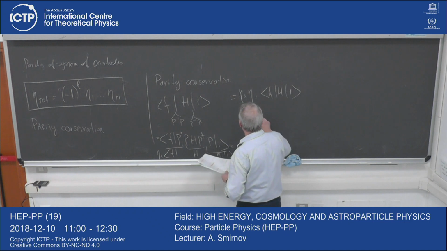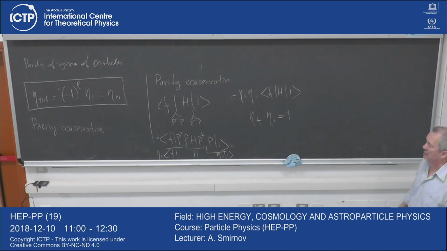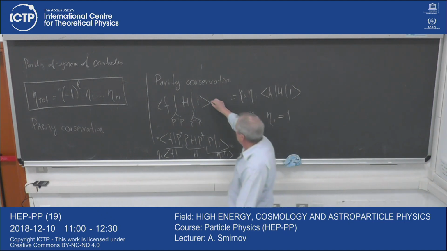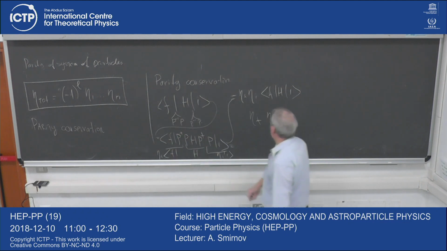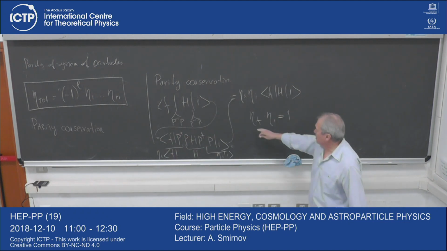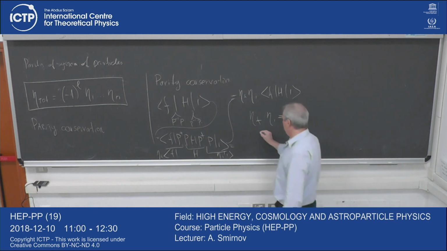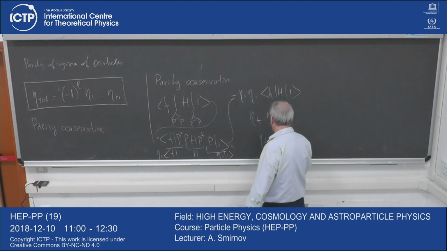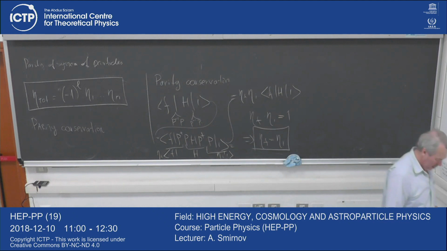This means that eta F multiplied by eta I should be 1, because this is the same line. And since these quantities take either plus or minus 1 values, that is equivalent to eta F equals eta I, which expresses conservation of parity.